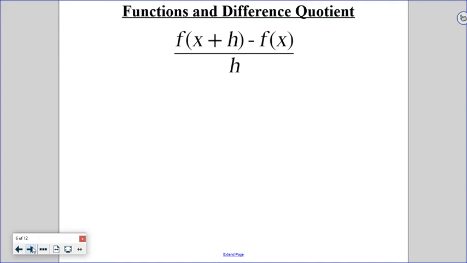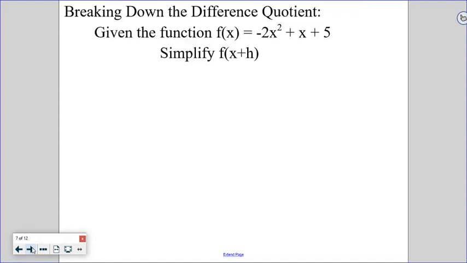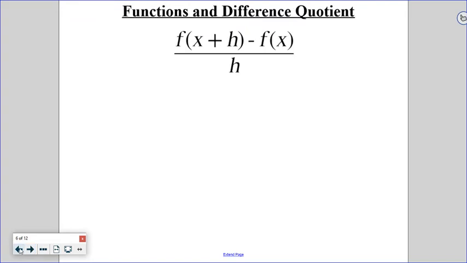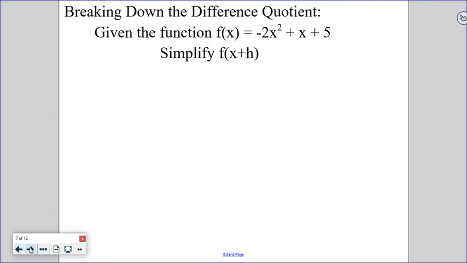It's the algebra that gets a little ugly on our way there, okay? So, to prep for that, let's talk about evaluating a function at x plus h. That's just this little part of it. So we're just looking at this first piece, because sometimes it gets a little ugly when doing the binomial x plus h in there.